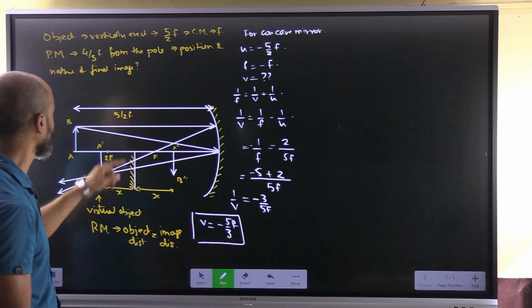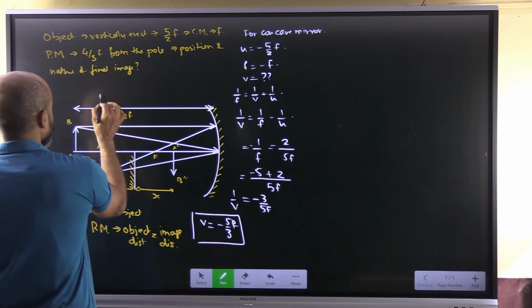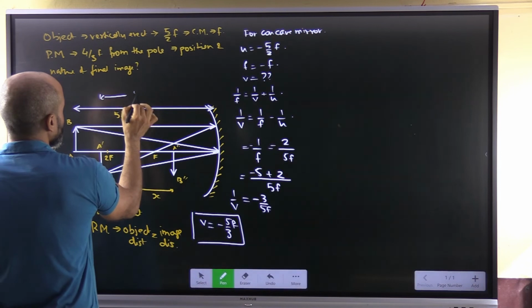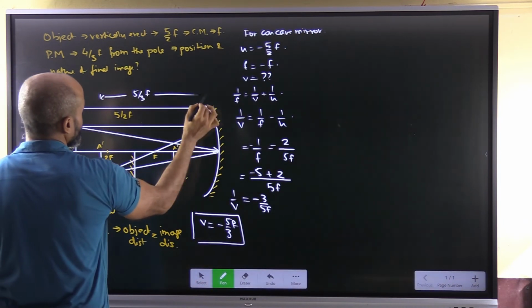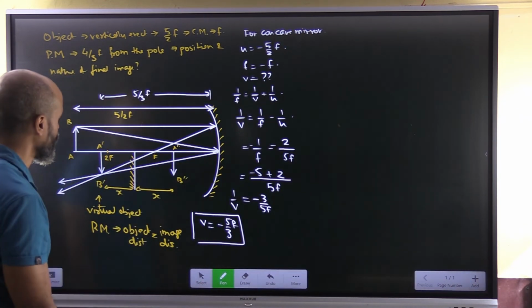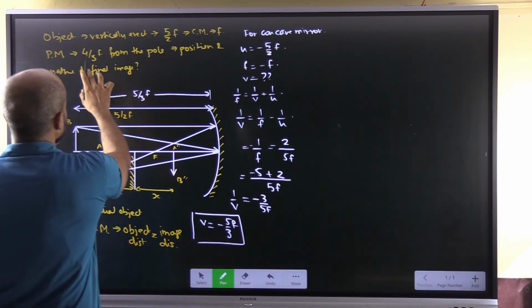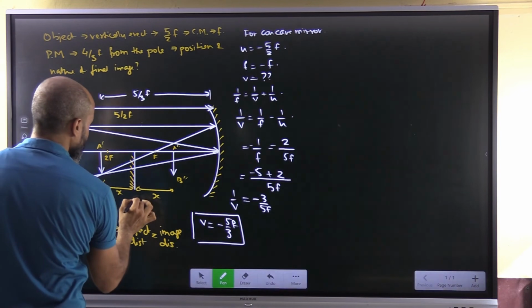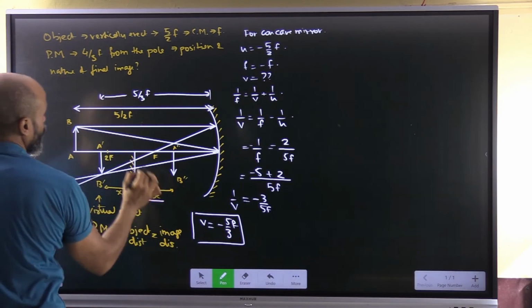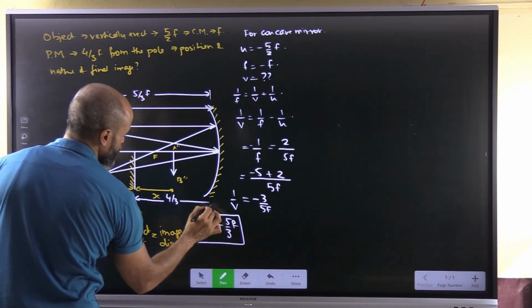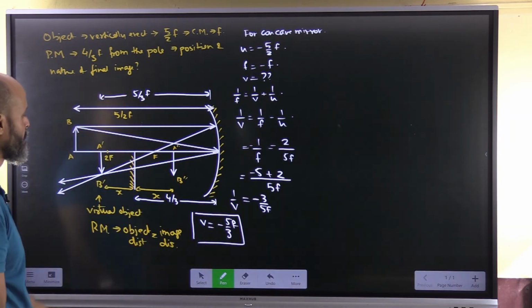So it indicates that the position of the image is 5/3f in front of the concave mirror. Now we already know that this plane mirror is placed at a position of 4/3f.